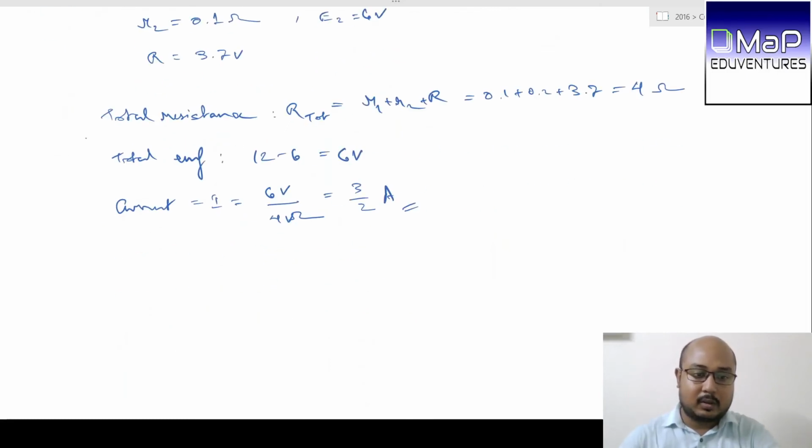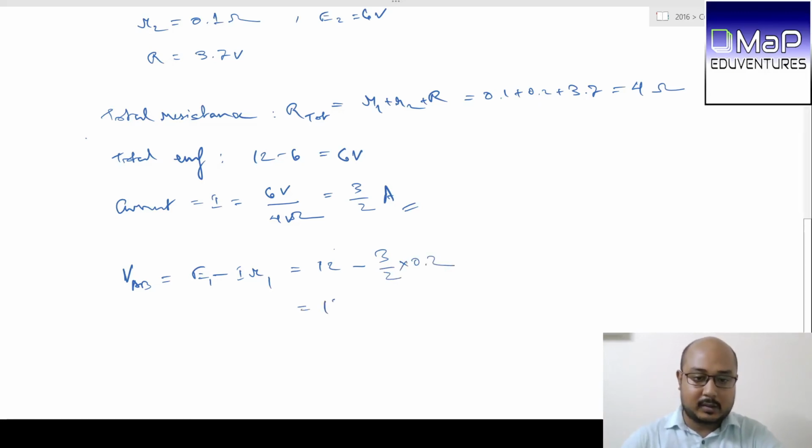So now the voltage between the terminals A and B is equal to the EMF minus the potential drop across the internal resistance. The potential drop across internal resistance is I r1. So E1 is equal to 12 volt, and then we have minus 3 by 2 into 0.2.